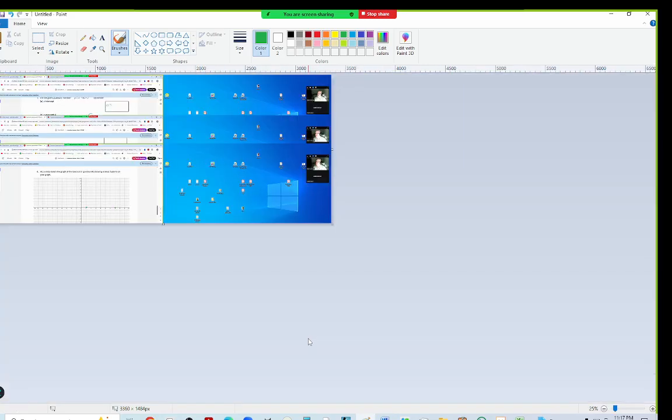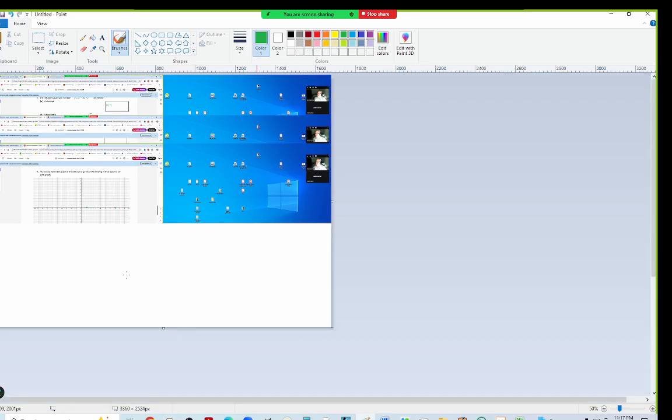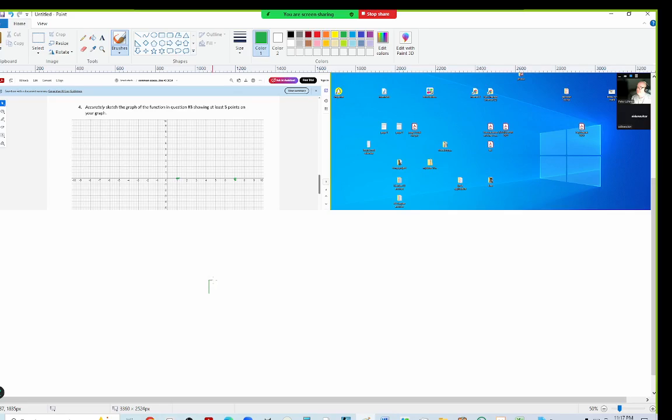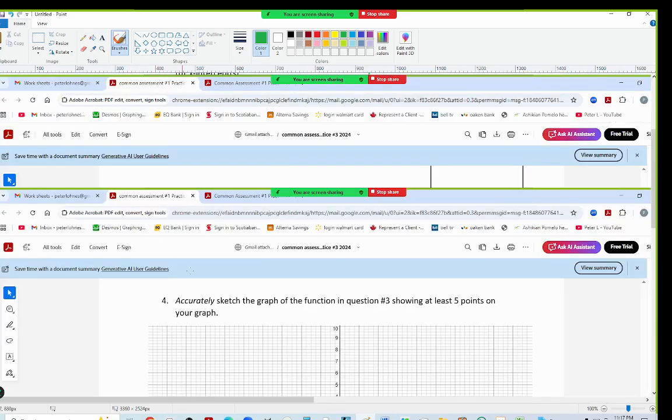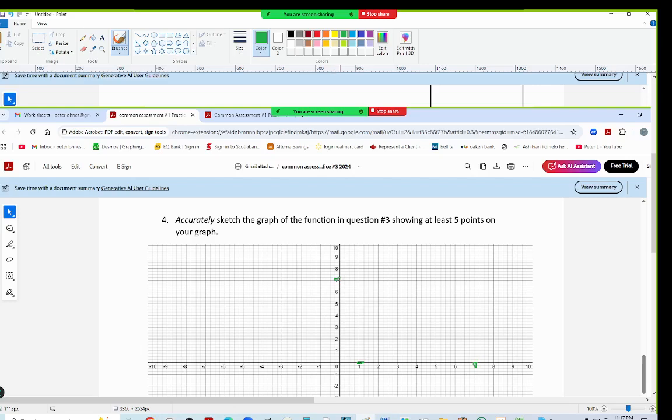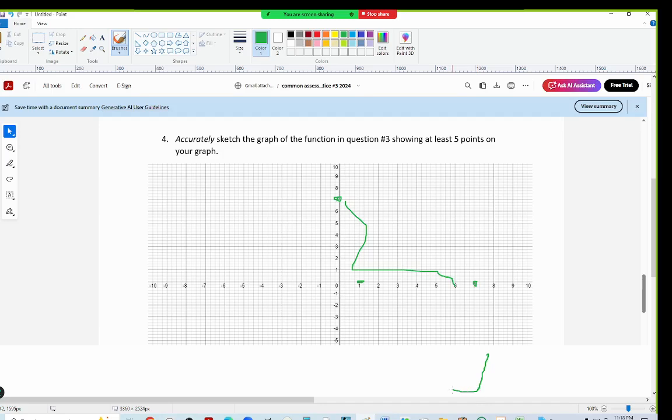The vertex was way down here at 4 comma minus 9. And in the very first question, we figured out the y-intercept is here at 0 comma 7. So we have 4 points, but in his question here, he says he wants 5.